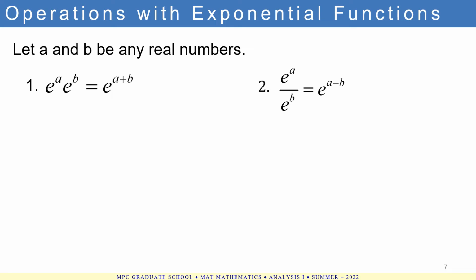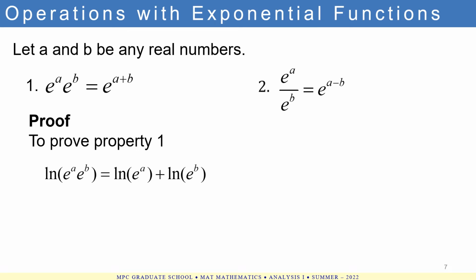To prove the properties, you can write ln of e raised to a times e raised to b is equal to ln of e raised to a plus ln of e raised to b. So that will result as a plus b, and you can rewrite that as ln of e raised to a plus b.